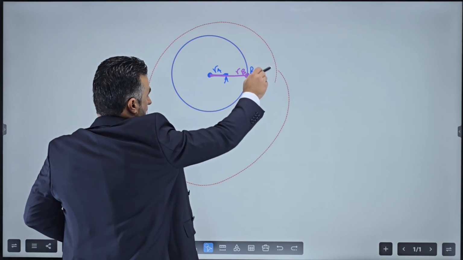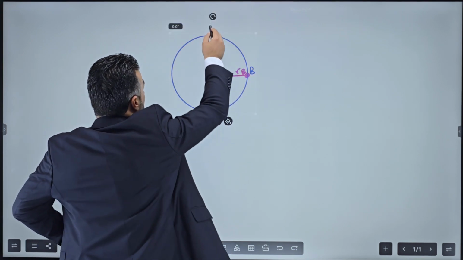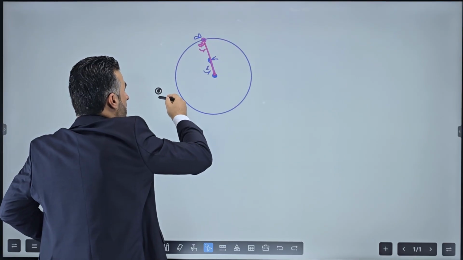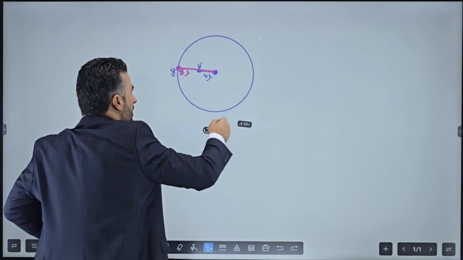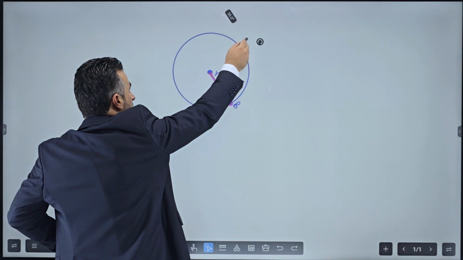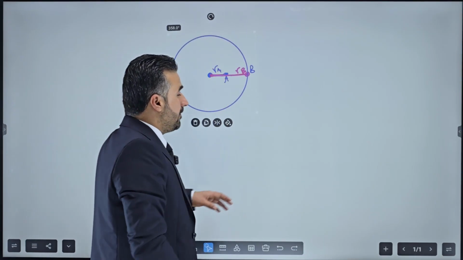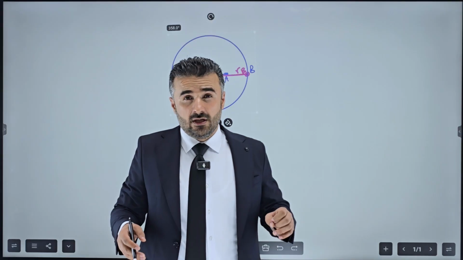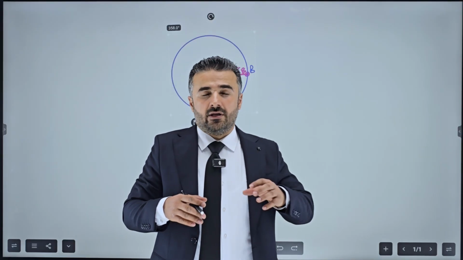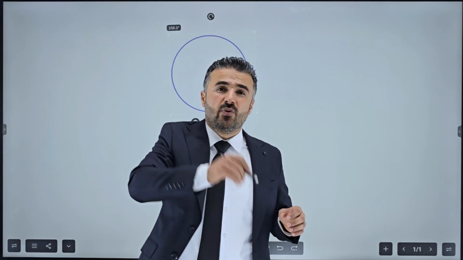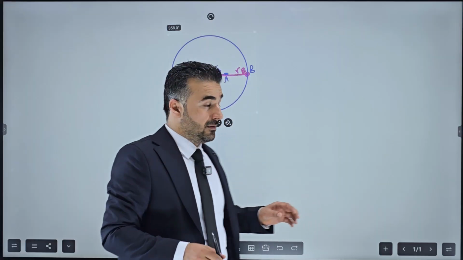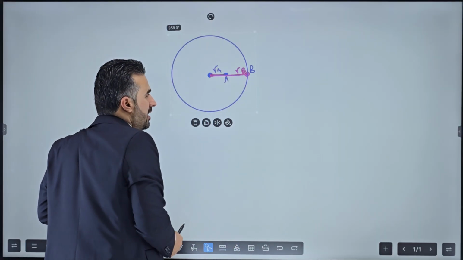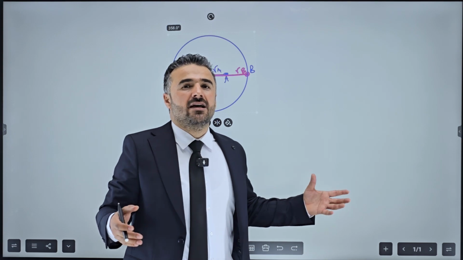What do you think will happen if I start rotating this table? No matter how many points, you can see that these points are always moving together, yes or no? Yes. So regardless of whether the point is close to the center or far from the center, once you're moving the object, all these points are always moving together. Can one point ever move faster than the other point? The answer is no.